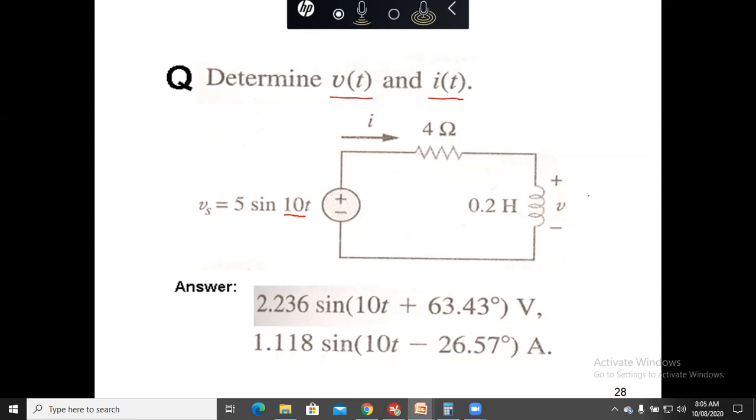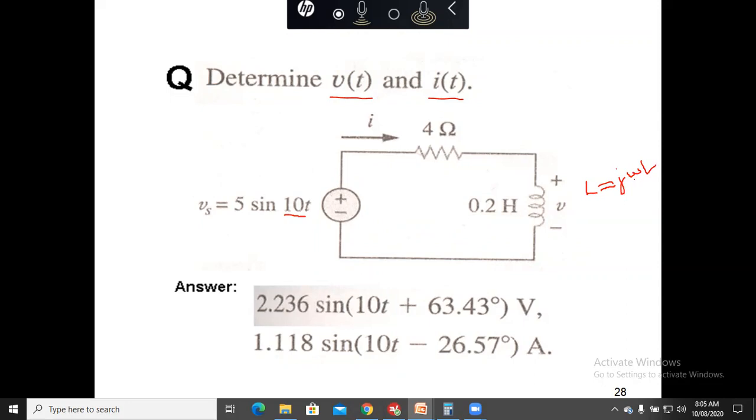And the impedance of the inductor is jωL.